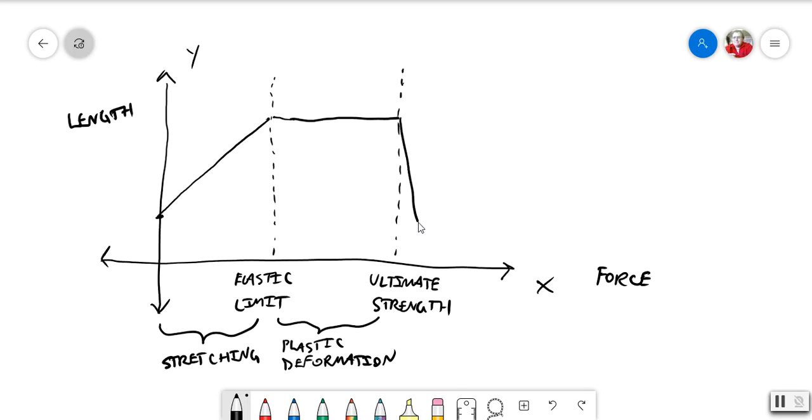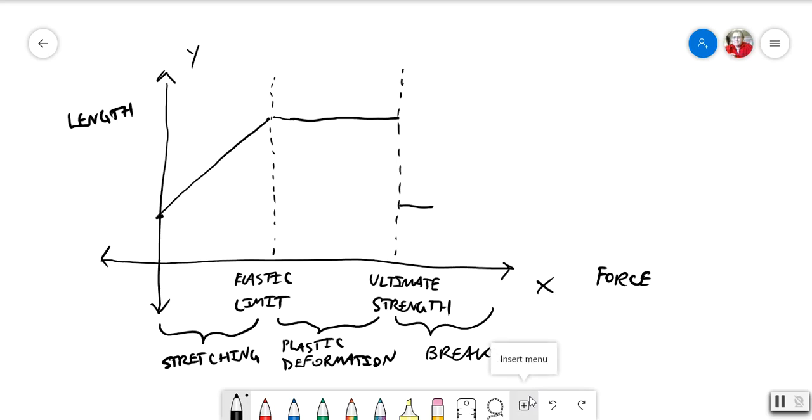So the length drops off immediately. Actually, it would probably be more accurate to just have it like that because it doesn't drop off, it just immediately breaks and ends up as a shorter piece. So in the, let's say, breaking zone, it does yet a third different thing.